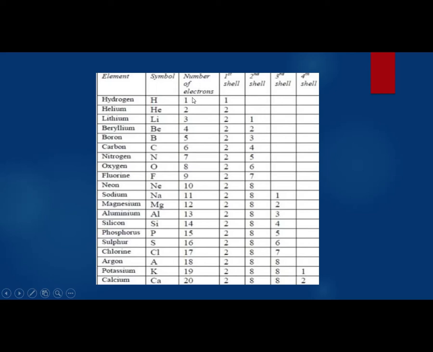Keep this in mind. So hydrogen, the symbol is H. You have to learn the symbols also. Hydrogen H, number of electrons, or you can say the atomic number, is 1. Then put these electrons into the shells. It has 1 electron, and it means we have to put it in the first shell.